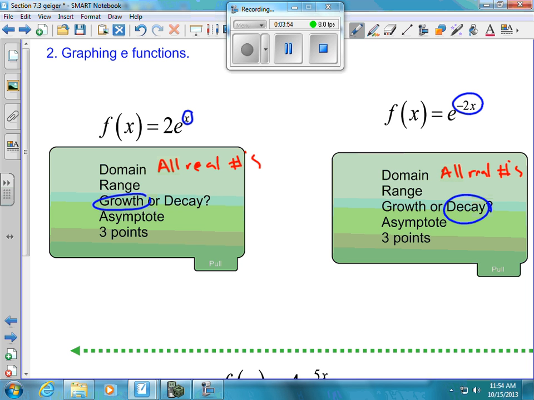Our range, on the other hand, is going to be different. There will be a limit, and it goes with the asymptote. If we think of standard form, it's very similar to the standard form of other equations we looked at. Standard form would be y equals a times e to the x minus h, plus k. This k value is our asymptote line.